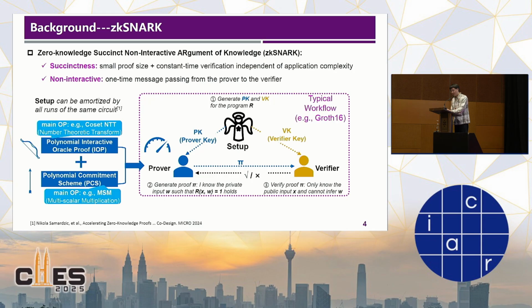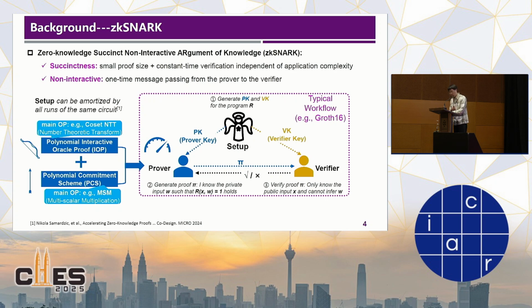Among various types of ZKP, ZK-SNARK has another 2 important properties, succinct and non-interactive, which make it deployed in mature application systems. The succinctness means small proof size and constant time verification independent of the application complexity. The non-interactive property means one-time message passing from the prover to the verifier.